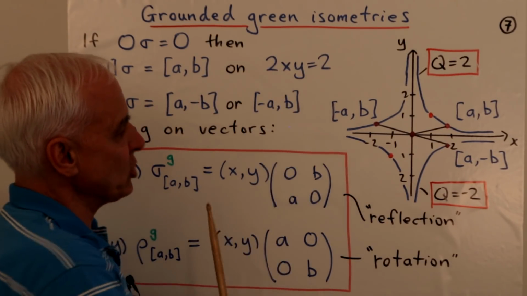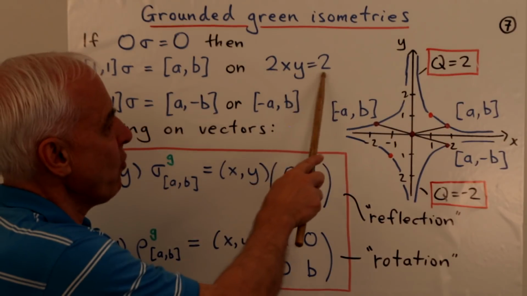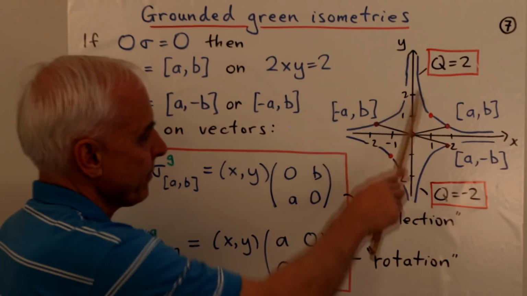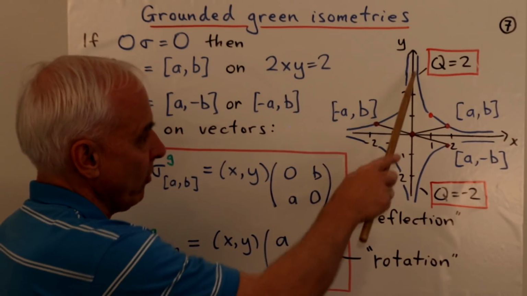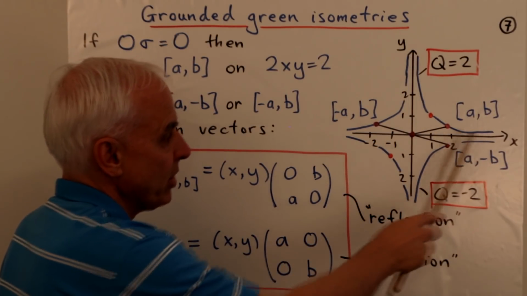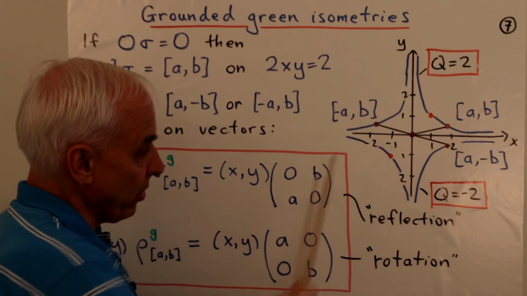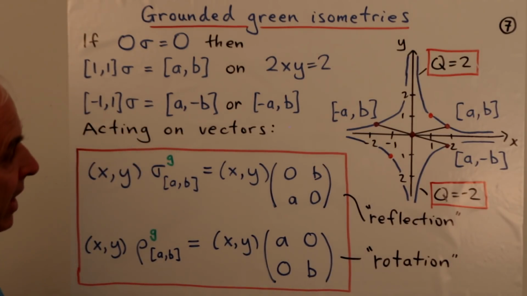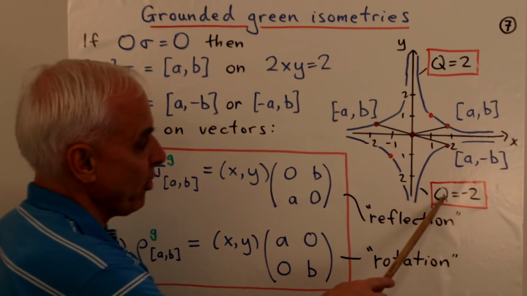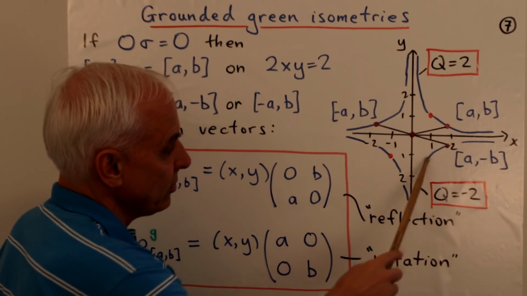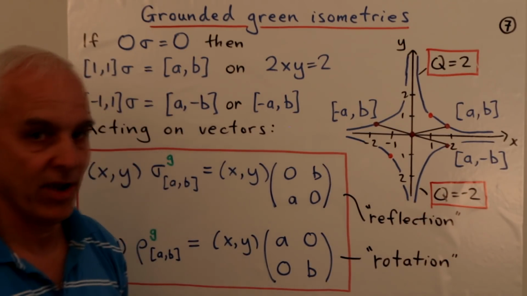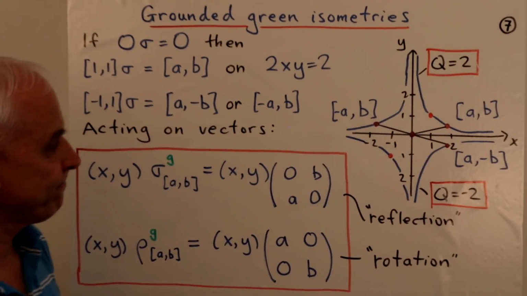So this would be the equation of the circle of quadrance 2, in other words, the equation xy equals 1. So it's a hyperbola with equation y equals 1 over x, and passes through the point 1, 1, and also the point minus 1, minus 1. And then there's a corresponding hyperbola with quadrance minus 2, whose equation is y times x equals minus 1.